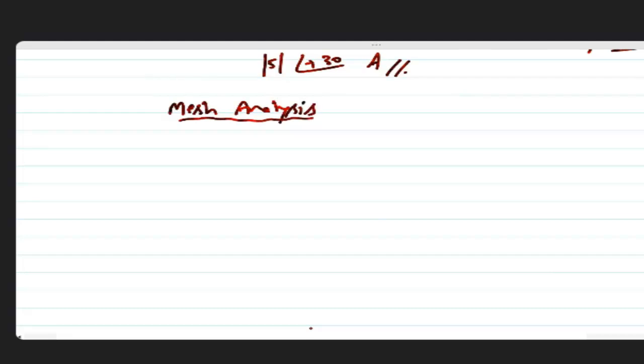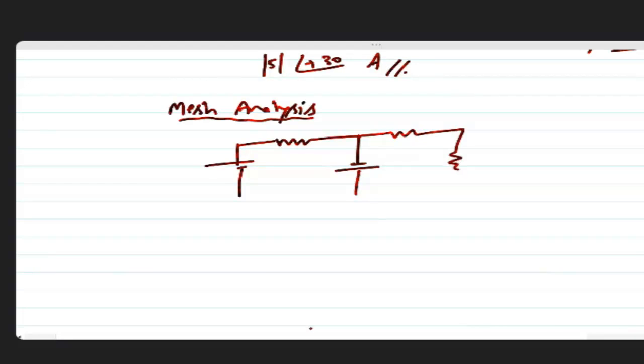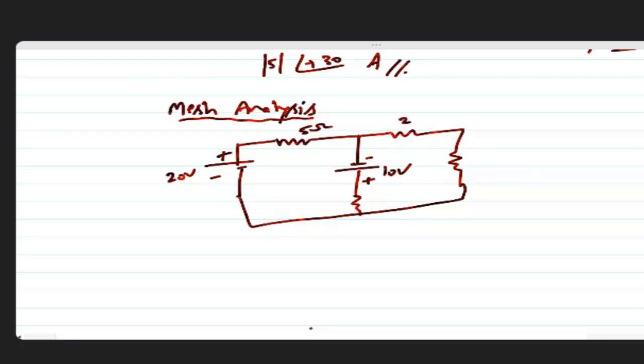If you have to solve this type of problem, with, let's say, plus minus 20 volt, minus plus 10 volt, 5 ohm, 2 ohm, 3 ohm, 1 ohm, and I say find this current I using mesh analysis, first of all you should know what a mesh is.